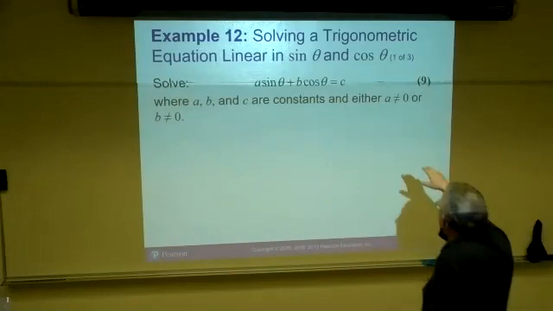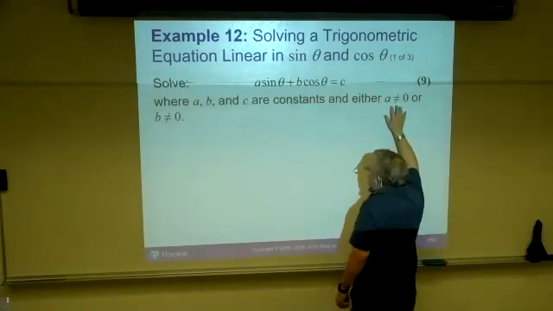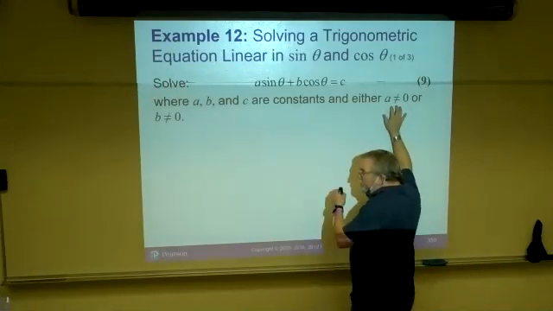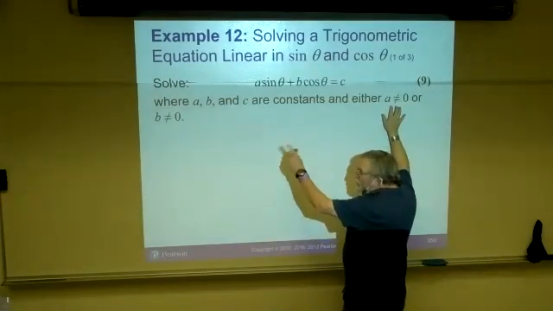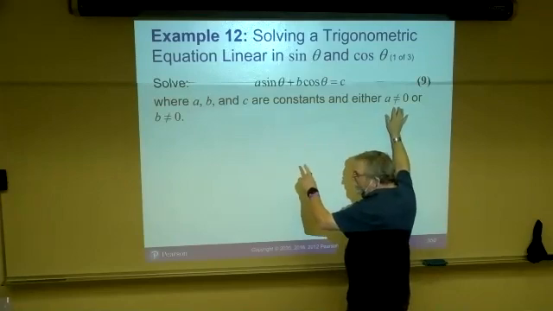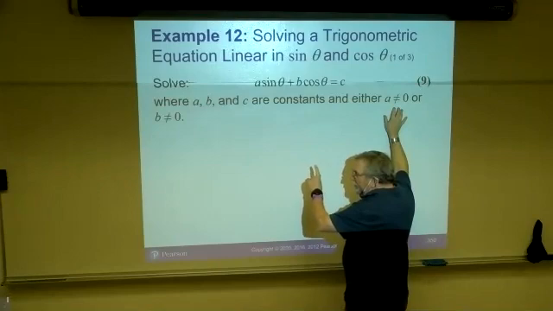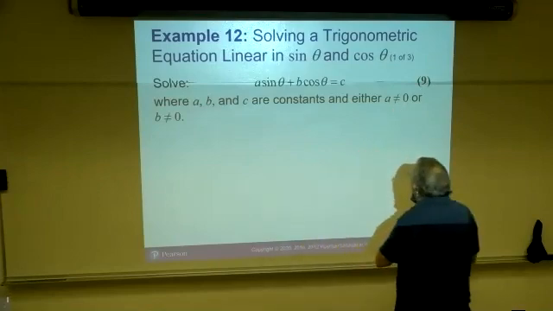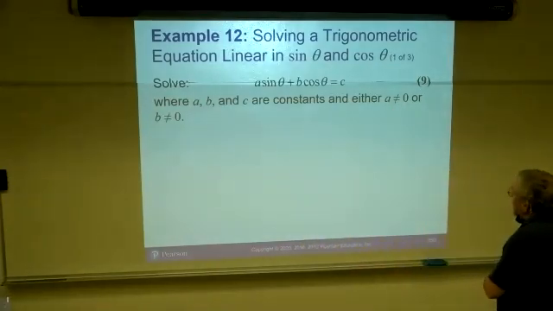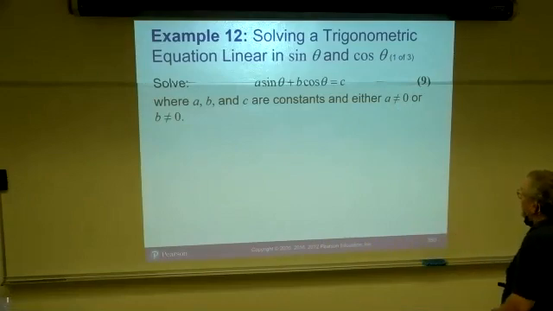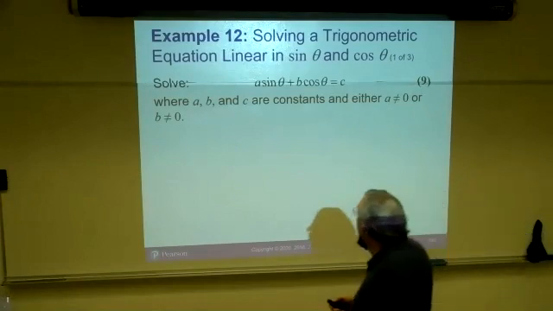All right, what this tagline here is saying is that if A is 0, then B won't be, and if B is 0, A won't be. Because it says either A doesn't equal 0 or B doesn't equal 0. That means they won't be 0 at the same time.